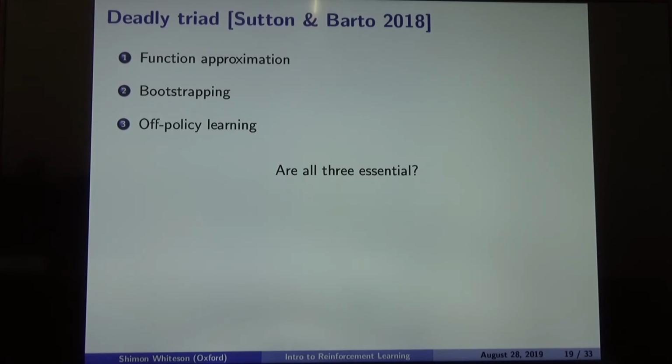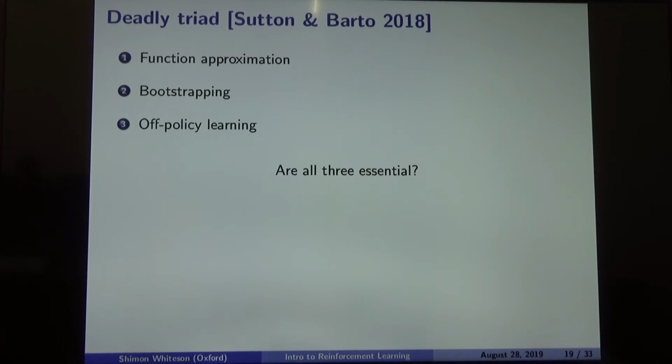So in the new second edition of the Sutton and Barto textbook, they summarize the take-home message of all of this research in what people are now calling the deadly triad. These are the three ingredients that, if they are all present at once in your reinforcement learning system, can give rise to this problem of divergence.